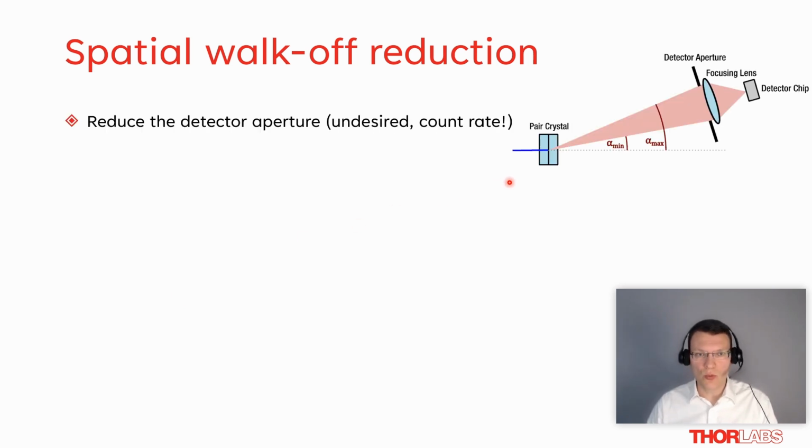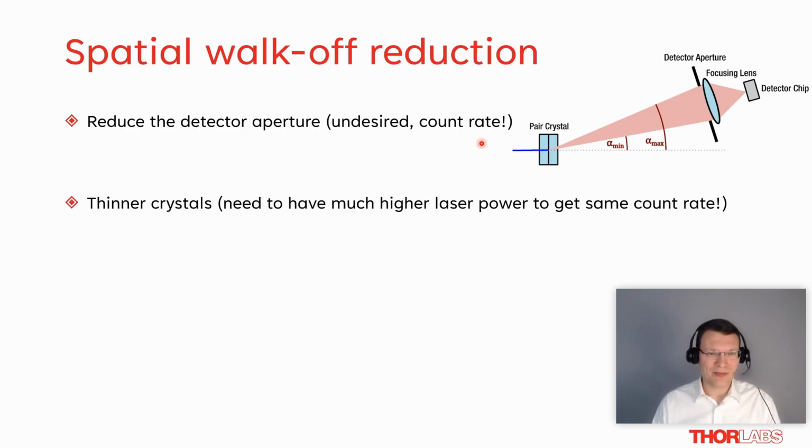First of all, the simplest one would simply be reducing the detector aperture, right? If I'm closing the iris in front of my lens that focuses the light onto my detector chip, the acceptance angle becomes smaller. But practically, I don't really want that, because I'm basically just cutting off count rate, and count rate is always the thing that's problematic in quantum optics experiments. Secondly, I can just use thinner crystals to minimize the walk-off. The problem is that you will need to compensate for that with higher laser power, because the count rate scales about quadratically with the thickness of the crystal.